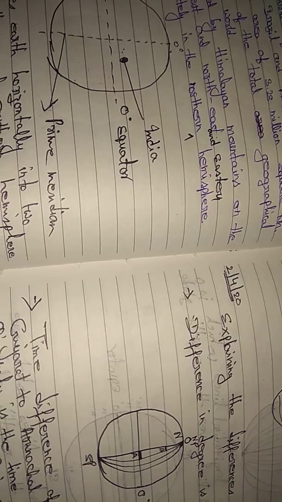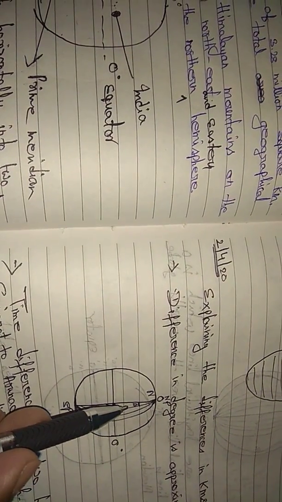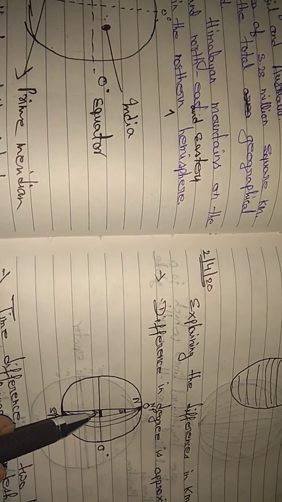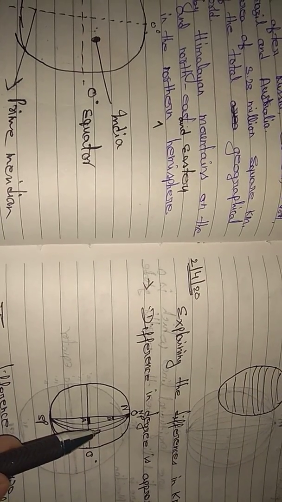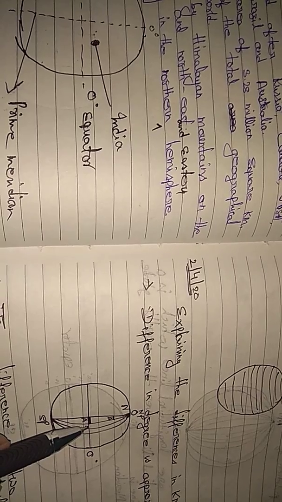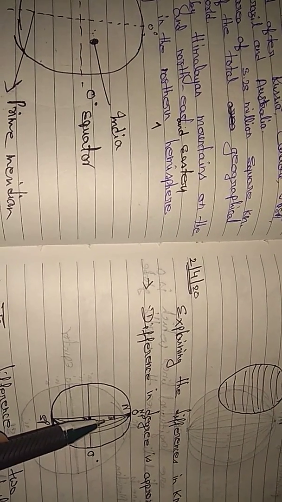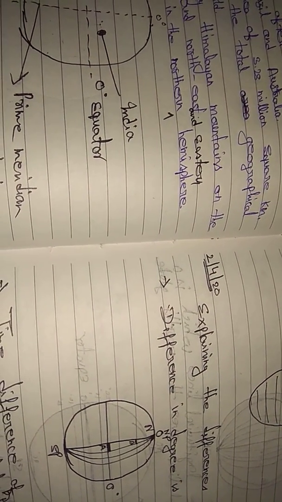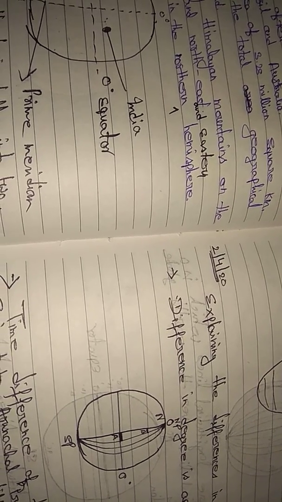You have seen A and B, two persons. A lives between 0 degree and 4 minute longitude. On the other hand, B also lies between 0 degree and 4 minute longitude.